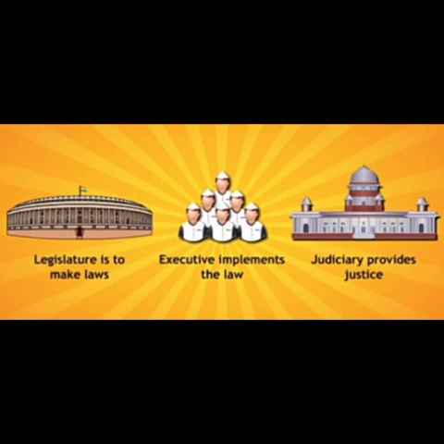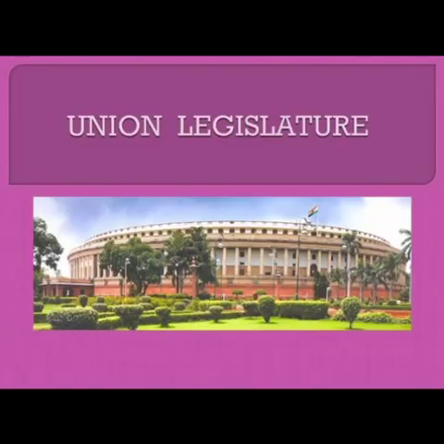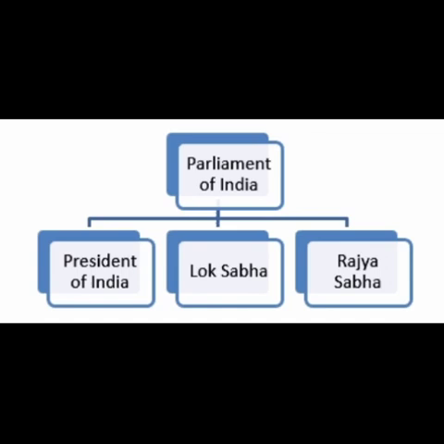The legislature at the national level, that is, the level of central government, is called the parliament. It consists of the president and the two houses of parliament, that is, Lok Sabha and Rajya Sabha.